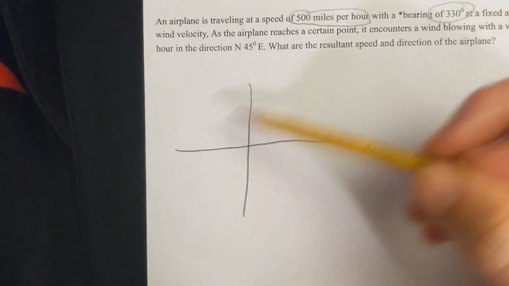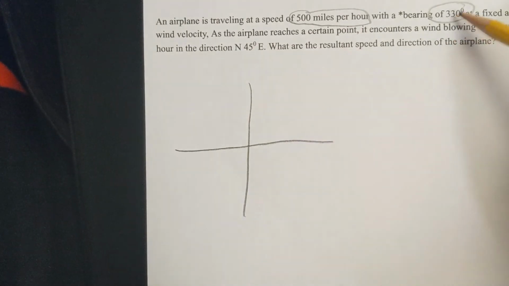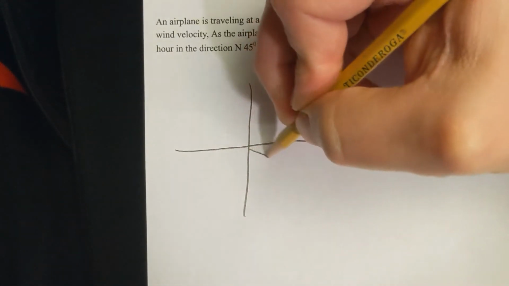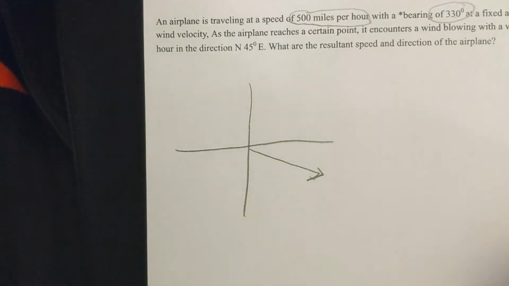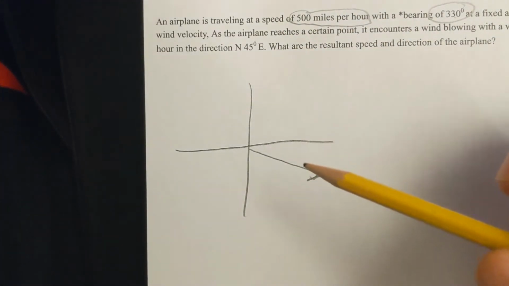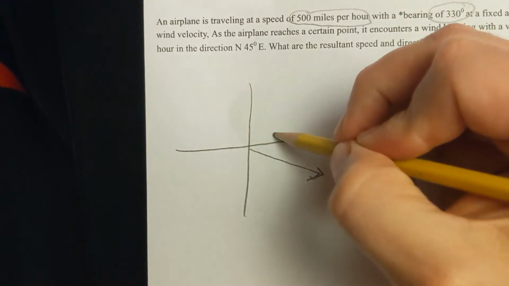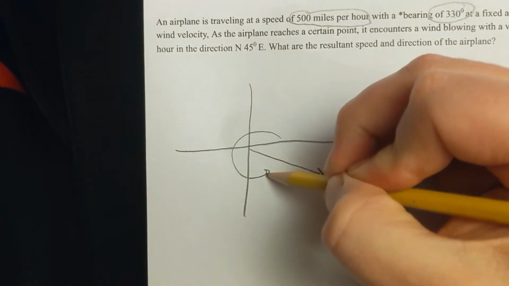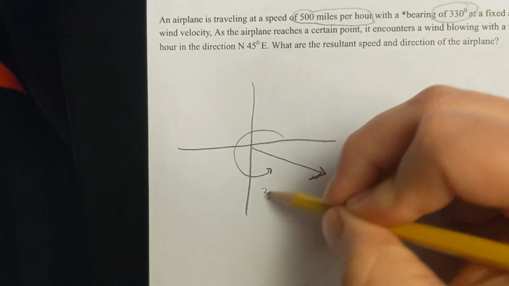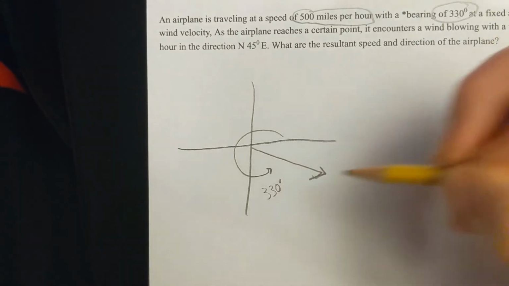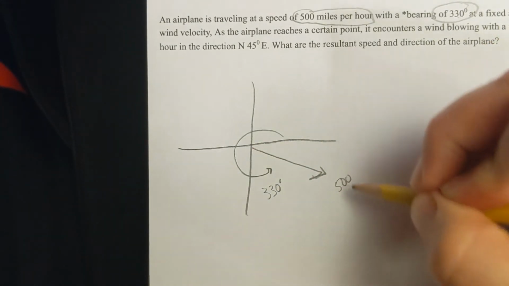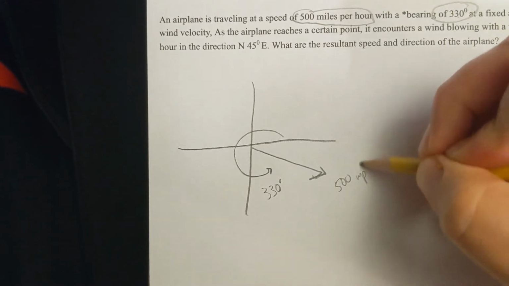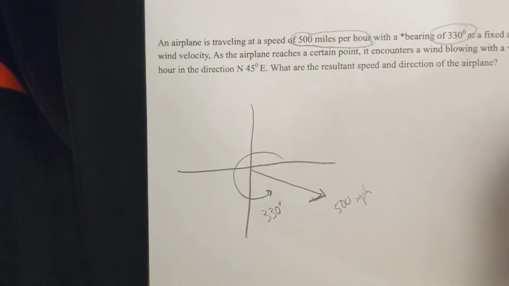From what we remember about our unit circle, 330 degrees is going to be right about here. Obviously mine's not going to be exact, but the big thing is to know that it's going to be in the fourth quadrant, that this has a measure of 330 degrees, and that the length, the magnitude, of this vector is 500 miles per hour. Okay, so that's the first part.